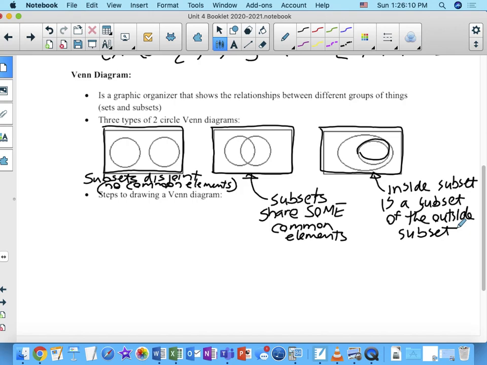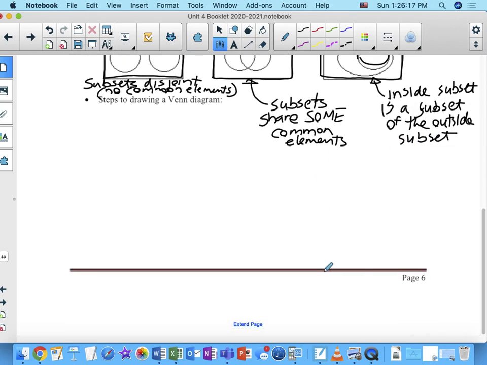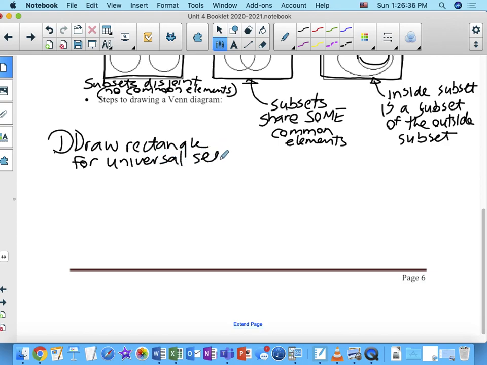Okay, now when we are actually drawing a diagram to show relationships between sets, we have to decide which scenario we're in. Okay, so the first thing that we're going to do is draw a rectangle for the universal set. Okay, and then the second thing that we need to do is draw two circles for the subsets.